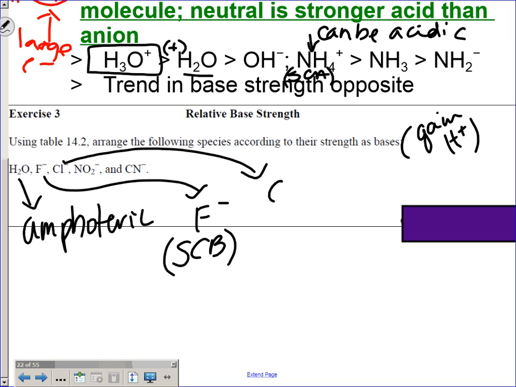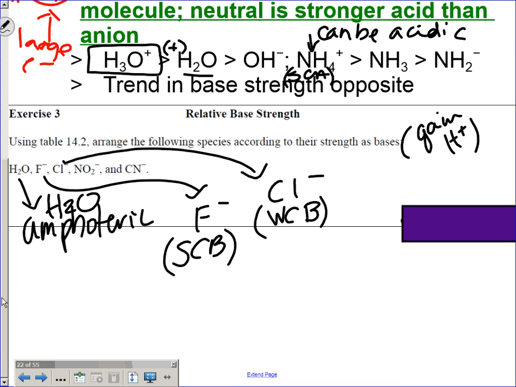Cl minus, so here's this water. This is F minus. Cl minus is the conjugate base of a strong acid, so it's a weak conjugate base because it doesn't want the H plus back, because as soon as it gets the H plus back, it's going to reionize and we're back in the same place.